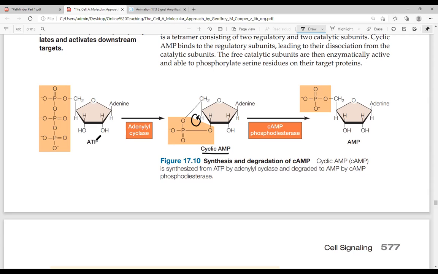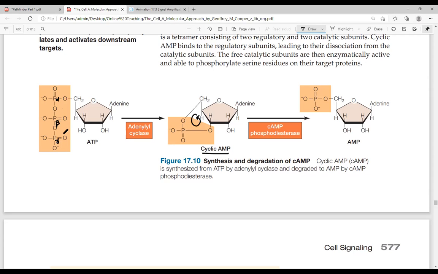You can find there is an ATP molecule, adenosine triphosphate, which contains 3 different phosphates. The first phosphate is commonly referred to as the alpha phosphate, the second as the beta phosphate, and the third as the gamma phosphate.